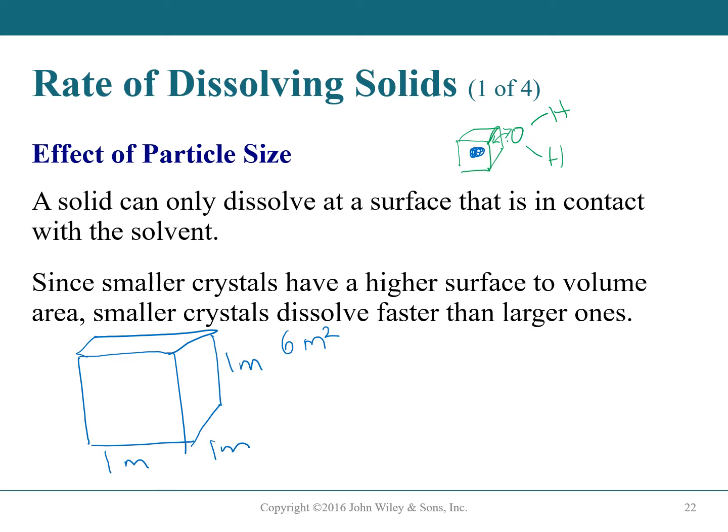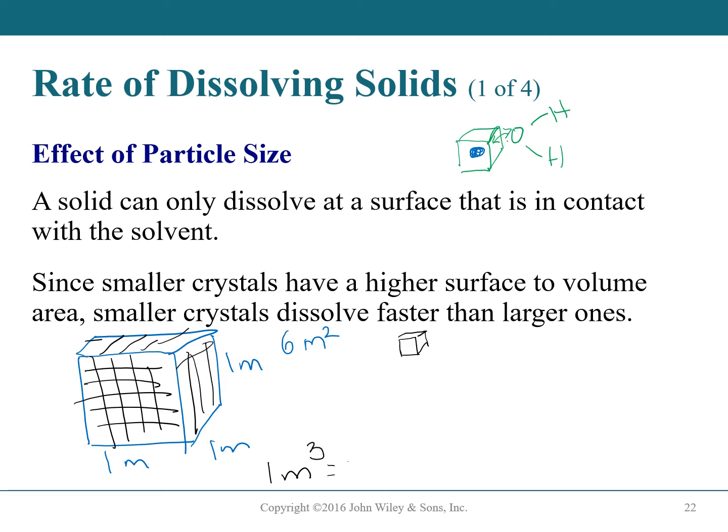Now let's take that same cube, and all I'm going to do is divide it in this direction into 10 pieces, this direction 10 pieces, and then that direction 10 pieces. So now I have 1 centimeter cubes. And how many do I have? 1 cubic meter is equal to 100,000?